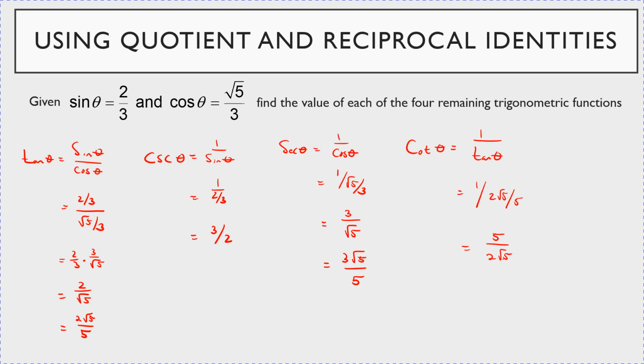And so when you rationalize the denominator here, you get 5 square roots of 5 over 2 times 5. Well, the 5's will cancel, and you're just left with the square root of 5 over 2. So what you're seeing here is that when you're given sine and cosine, you can use them to find the other trig functions.